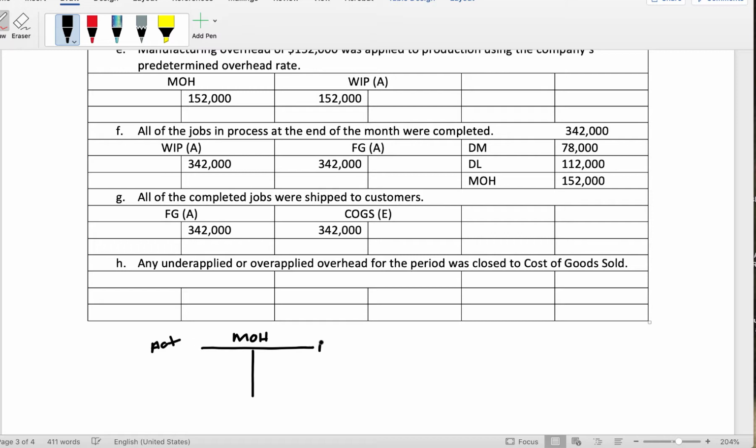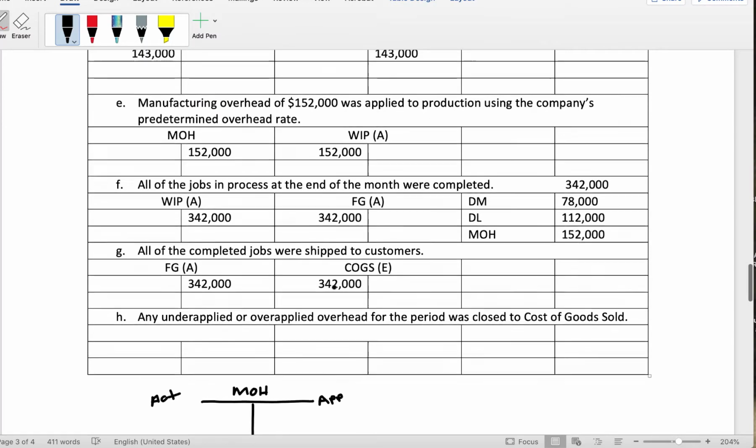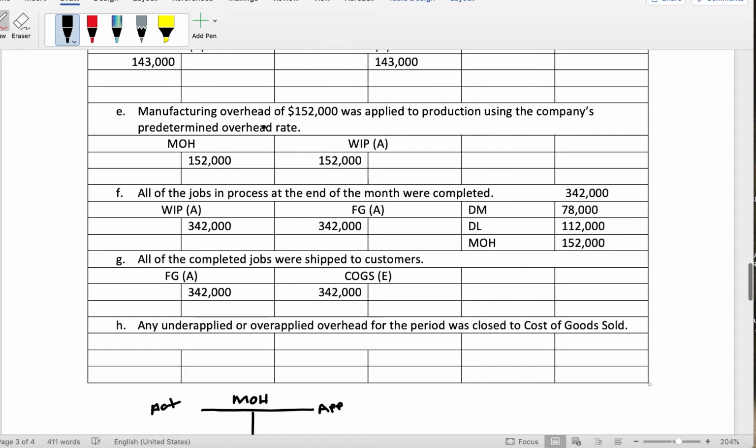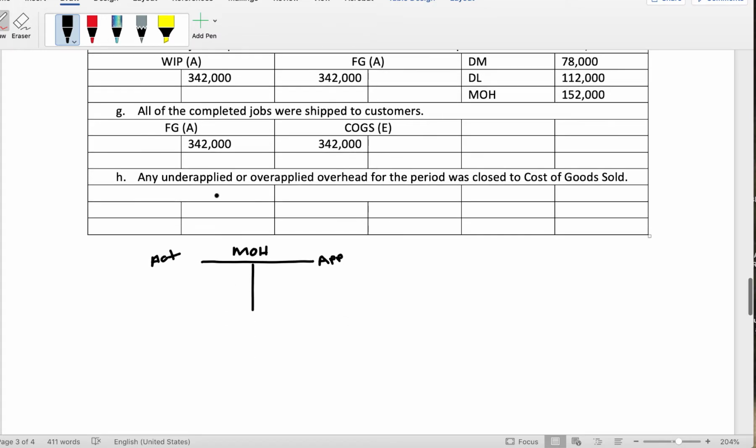The credit side is what we applied. We already know that we applied, and let's look at E. We applied $152,000. That means $152,000 left manufacturing overhead and went into WIP.